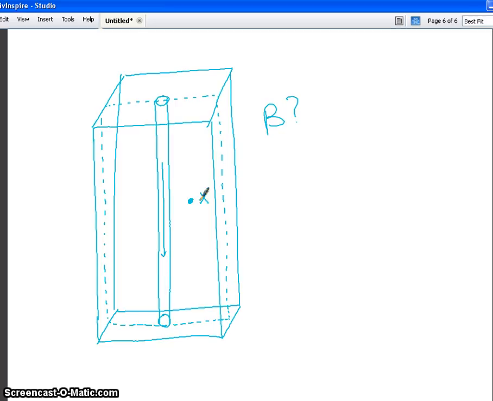If we have the current going down, you should take your thumb. Your thumb's going to be facing down, so you should do that right now. Have your thumb facing down and curl your fingers, pretending to go around this wire here. Your fingers are going to curl around this direction here.